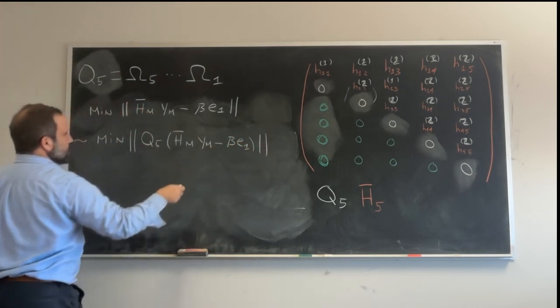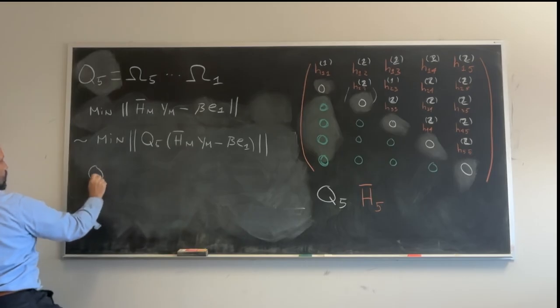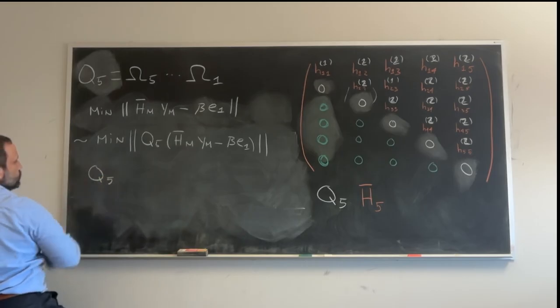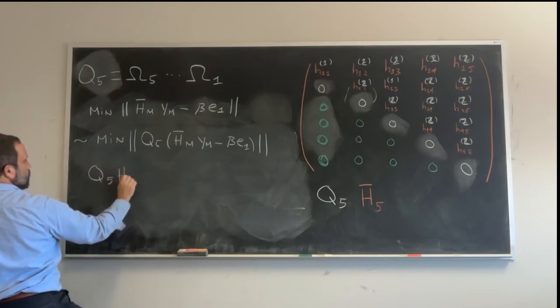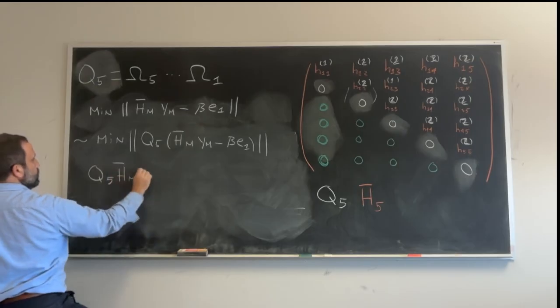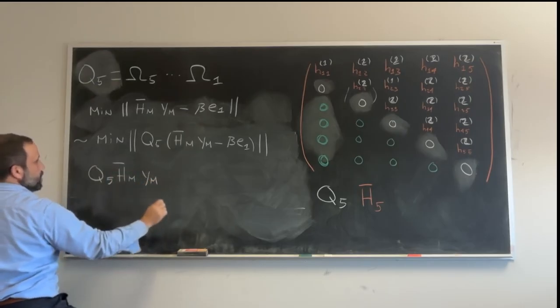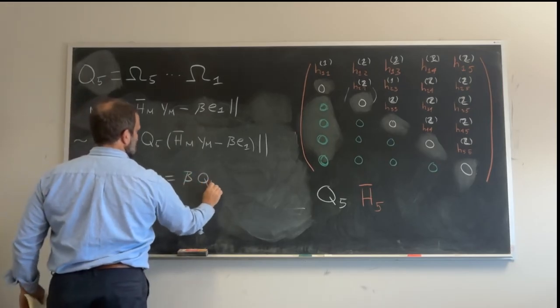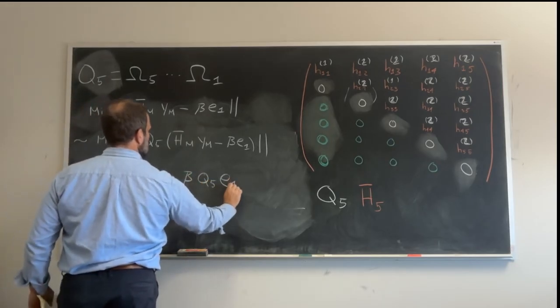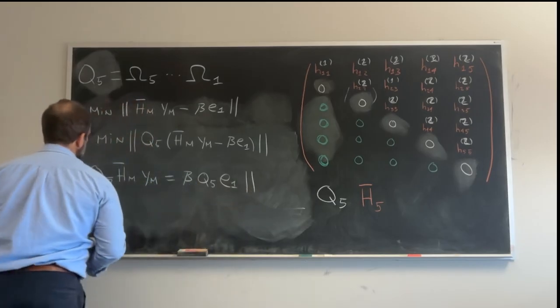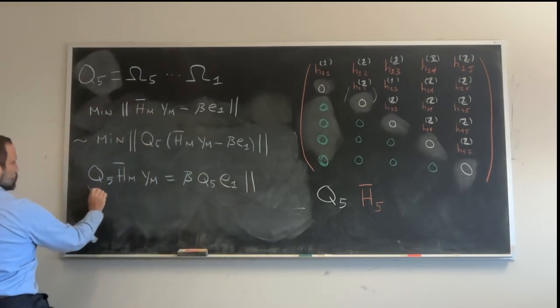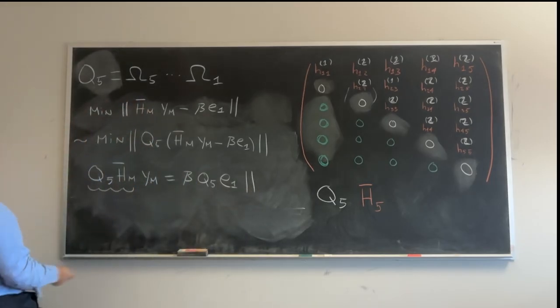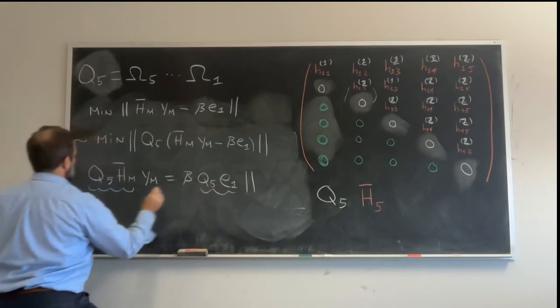But the solution to this is going to be the same as the solution to Q5 HM bar ym is equal to beta Q5 times E1. Now this right here, it's upper triangular.